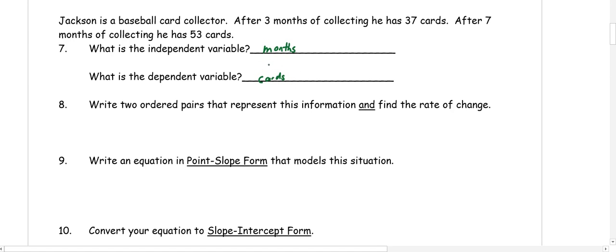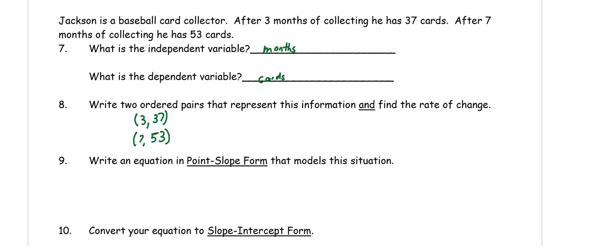Write 2 ordered pairs that represent this information. Find the rate of change. So we have one ordered pair of 3 months is 37 cards, and 7 months is 53 cards.